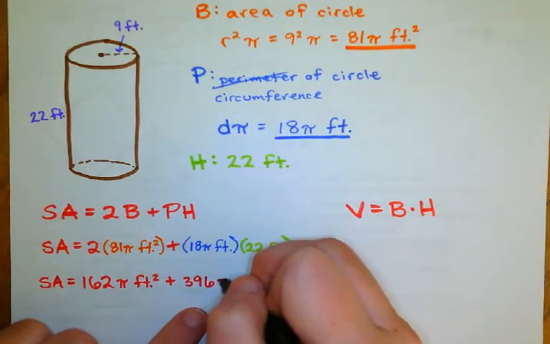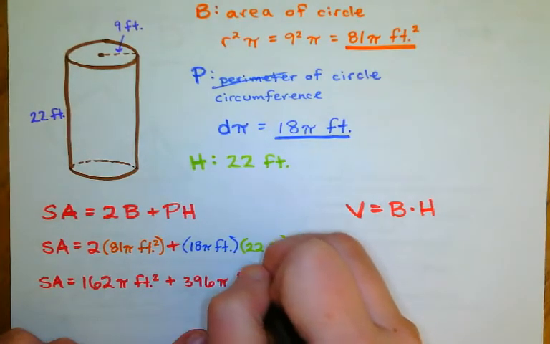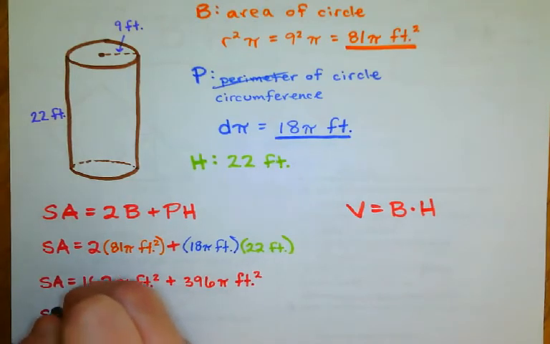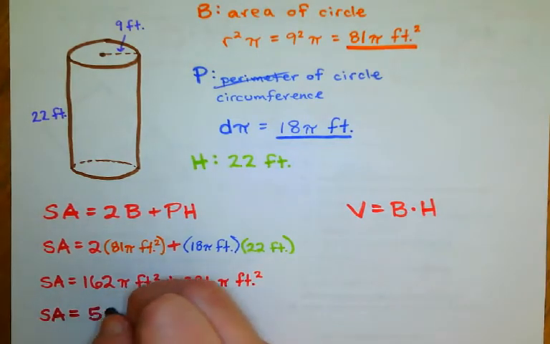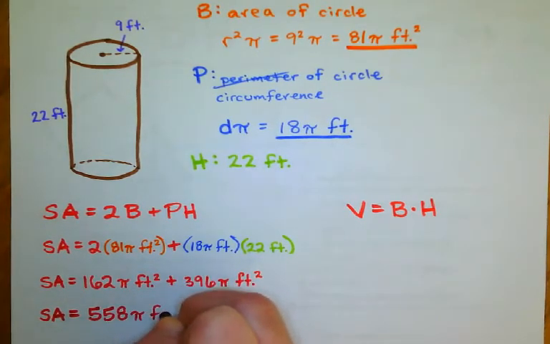This pi I'm going to drop down, and then feet times feet is feet squared. Are these like terms? Yeah, they both have pi, they both have feet squared, so we can add them together. Our surface area is going to be equal to 162 plus 396, so 558 pi feet squared.